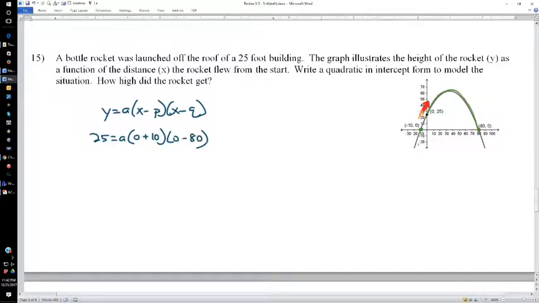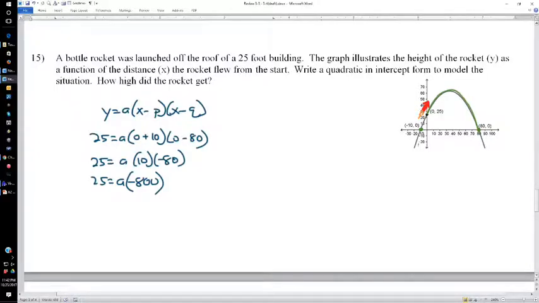Cool. So here we go. 25 equals a times 10 times negative 80. 10 times negative 80 is negative 800. That's times negative 800, by the way. 25 over 800, I don't know what that is. It helps if you turn your calculator on.